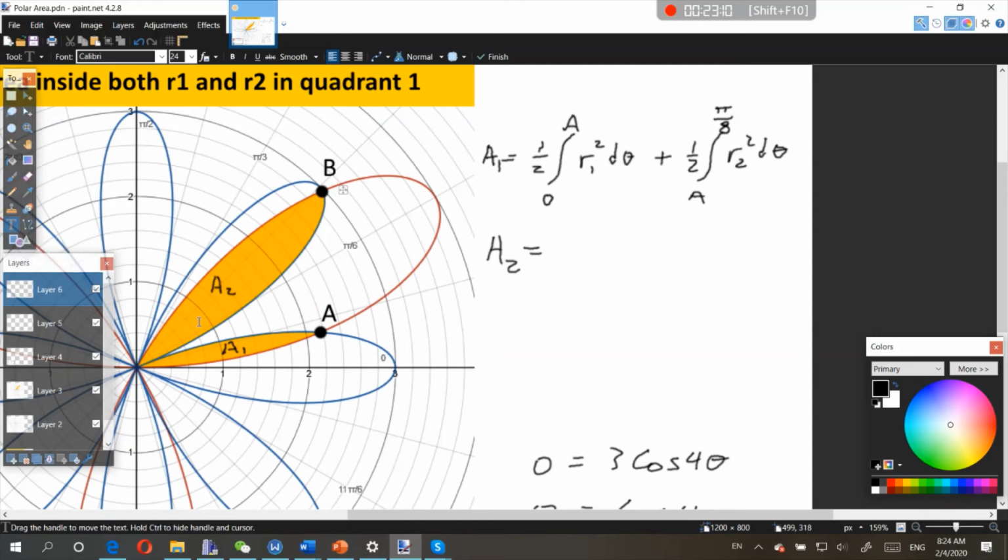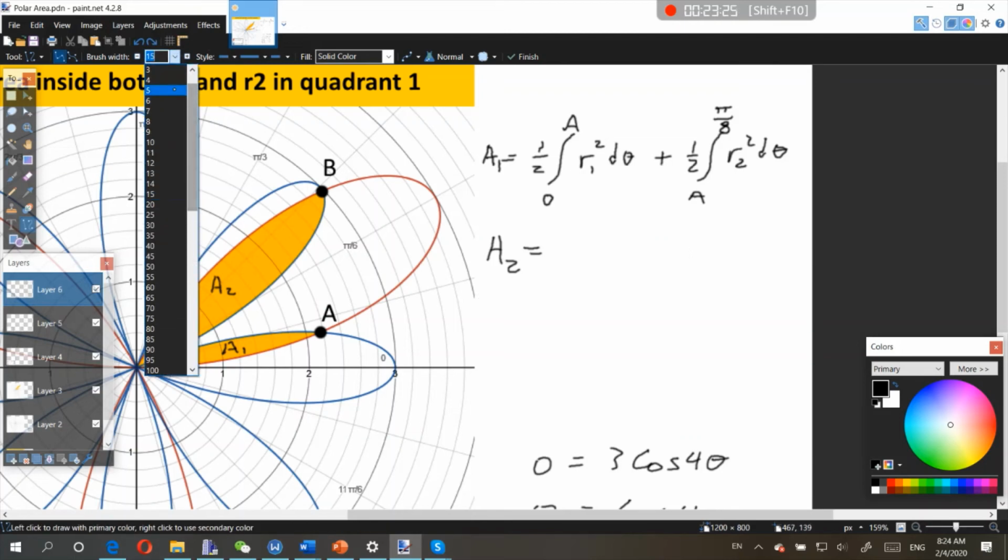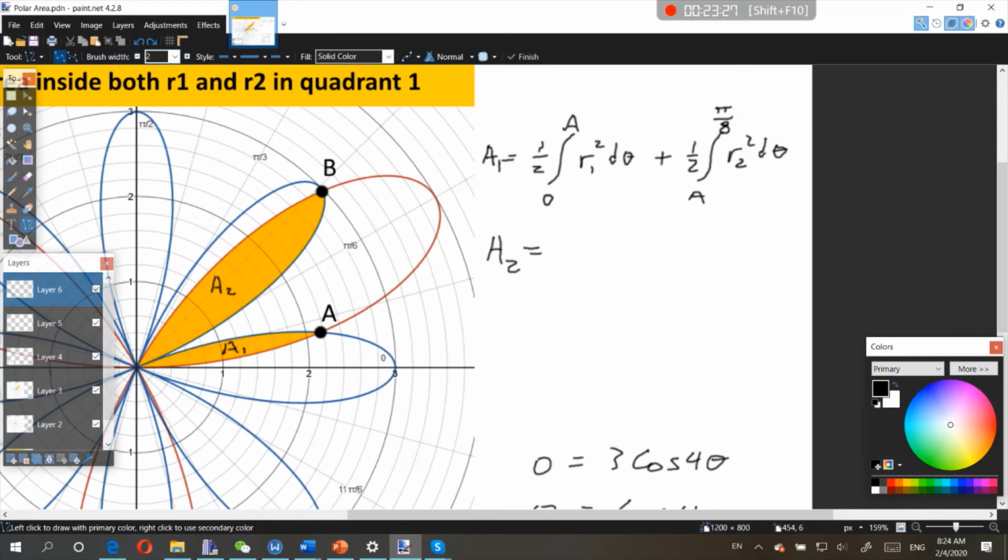If I trace this out, from here all the way down to here, it's actually the second half of this. So I'm just going to write that over here in the second half. So second half of this is plus 1/2 times the integral from b until the next time that we hit 0 for our sine function.